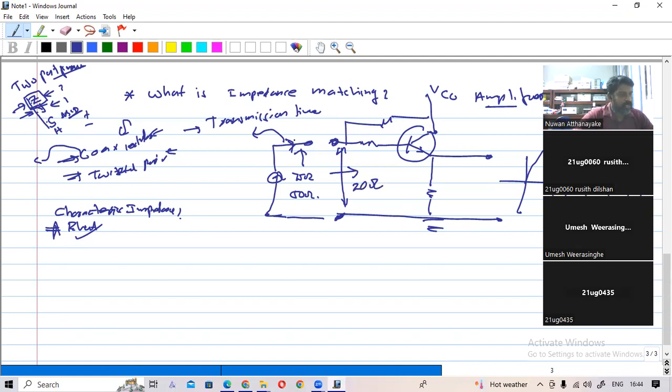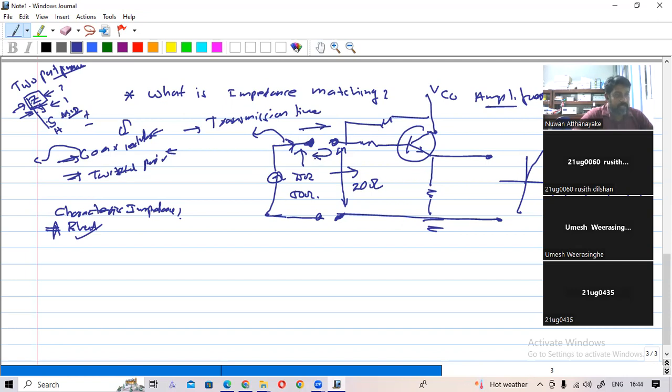So what happened now? This input impedance and this input impedance do not match, they are not the same. So when you are sending the signal through this, some part of the signal will be reflected. So that happens in communication. I don't know, maybe in power this will not happen. Maybe power students can answer.